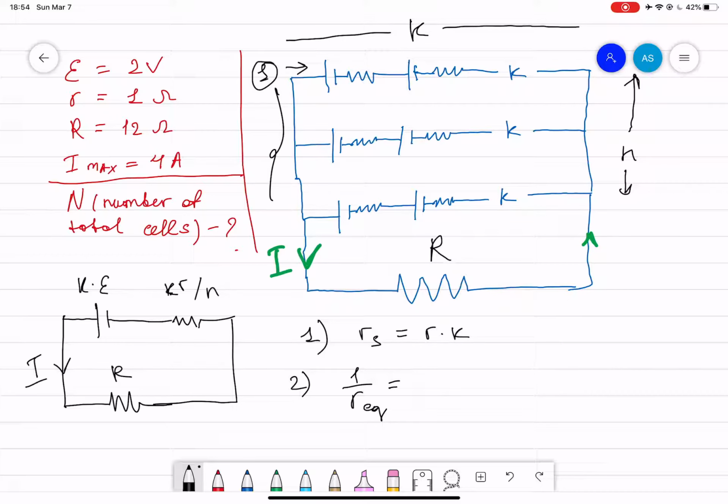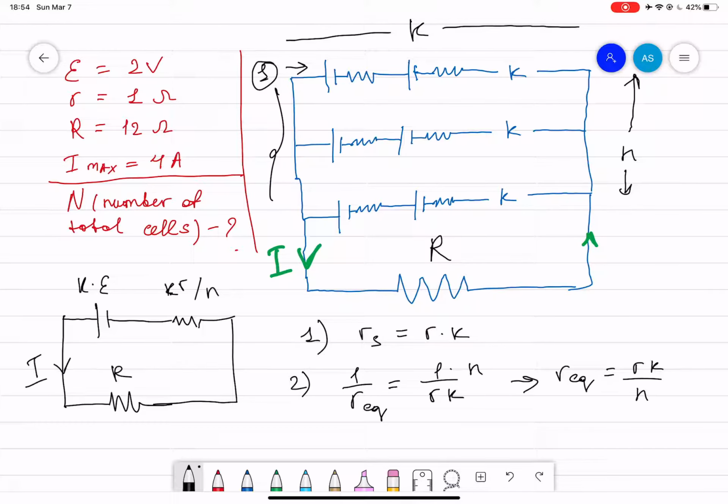So now the second part: 1 over r in parallel, or let's call it equivalent, is equal to 1 over rK, and since we have N rows, the number of rows will be multiplied here and here. Then we can say that r equivalent is equal to rK divided by N. What is next?